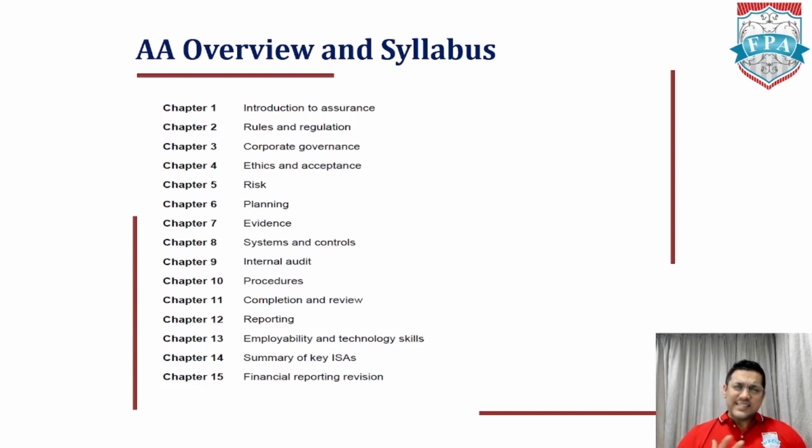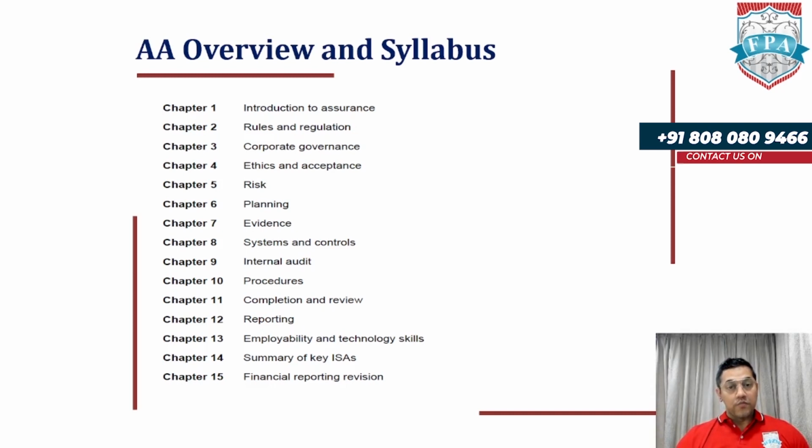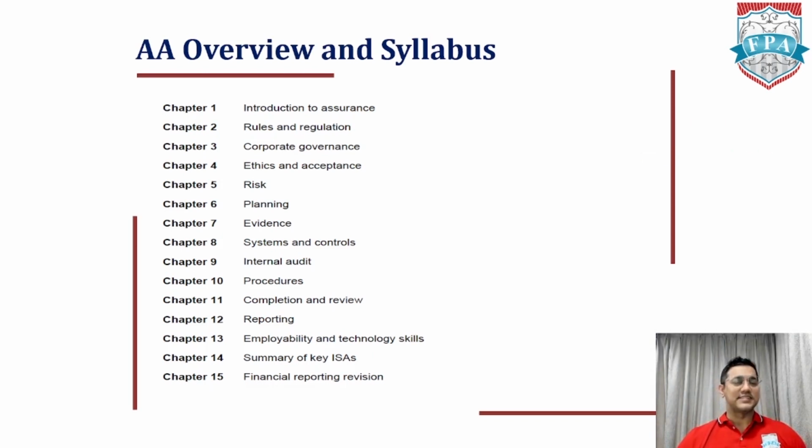Then comes risk, which is about the key risks around doing the audit. Because let's face it, one of the biggest risks that an auditor faces is giving an incorrect opinion. So what are the things that the auditor needs to look out for, and what are the kinds of responses you need to have around it? Let's say a company is getting listed and they are your first time client. You know for a fact that you do not have a lot of background knowledge about the company.